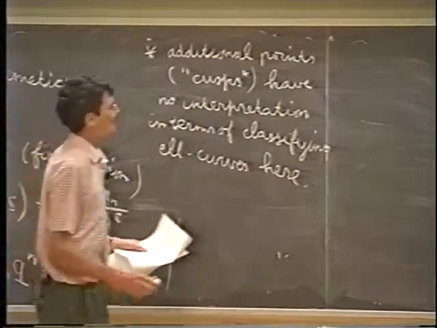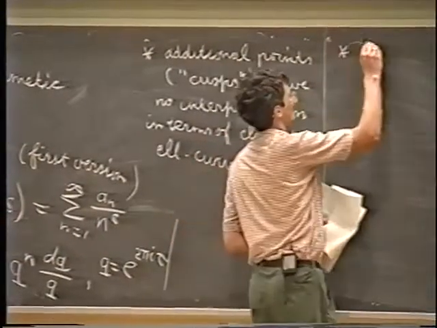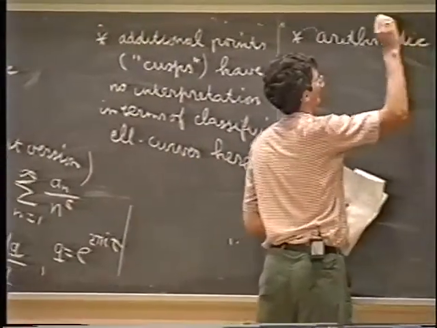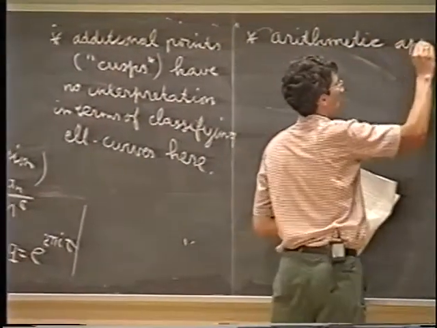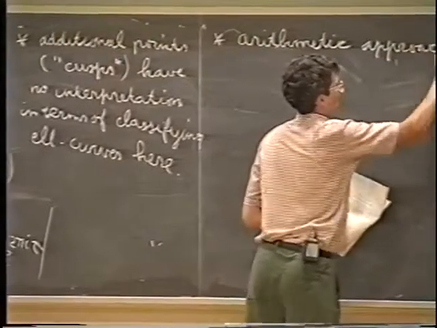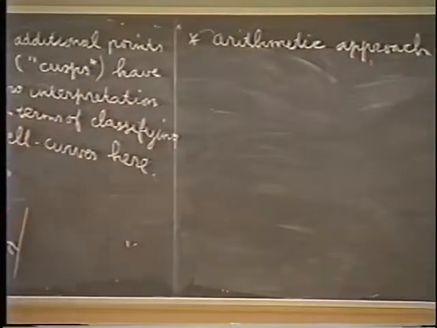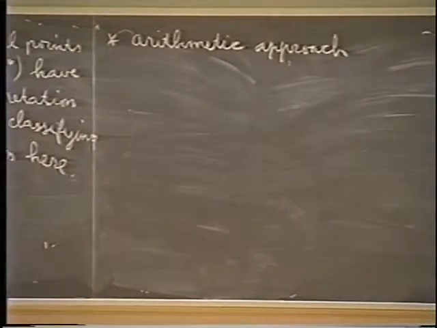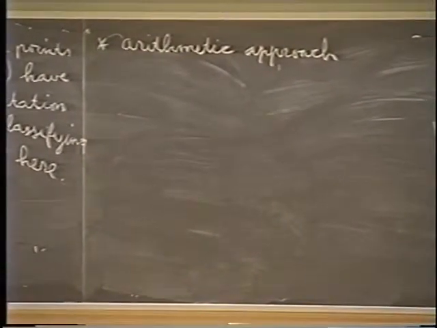So we go to the second, the arithmetic approach. Actually, there are two arithmetic approaches. There is the modern one, and the modern one is really nice because it takes care of everything.